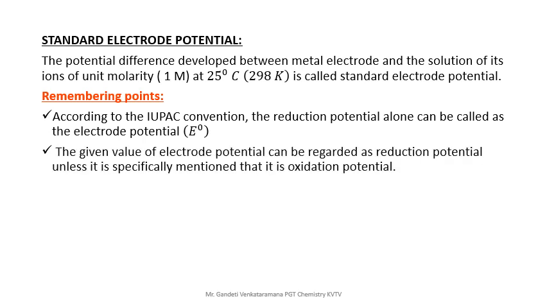The given value of the electrode potential can be regarded as the reduction potential unless it is specifically mentioned that it is oxidation potential. This point is very important. For example, if I give E naught of zinc equal to minus 0.76 volt, then automatically it can be regarded as the reduction potential of zinc, unless it is specifically mentioned that it is oxidation potential.